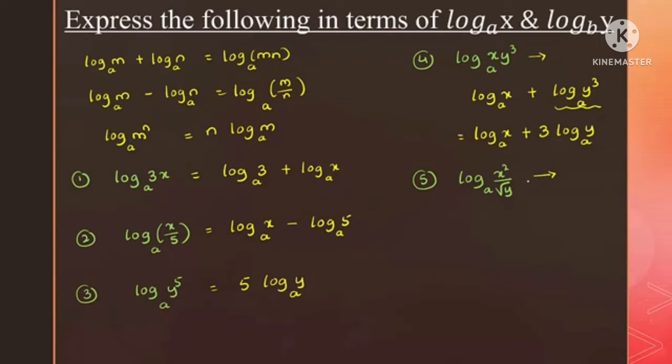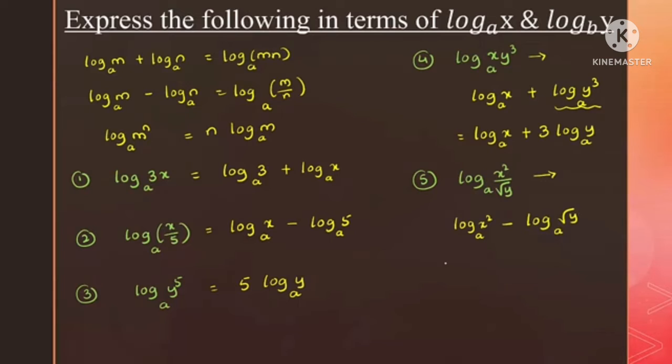This is again a ratio, or this is the division form. So we can use the second rule, that is the logarithmic subtractive identity. So it can be written as log x square to the base a minus log of root y to the base a. This is the second rule.